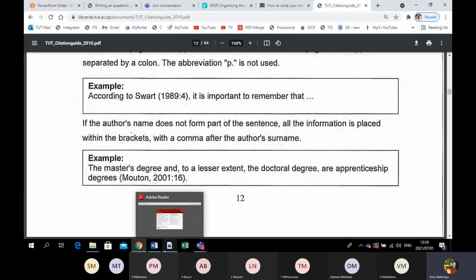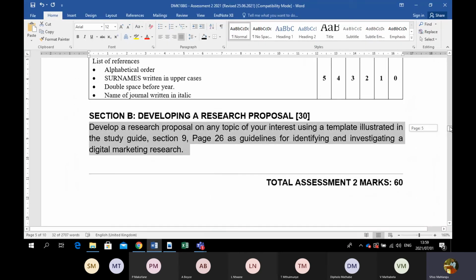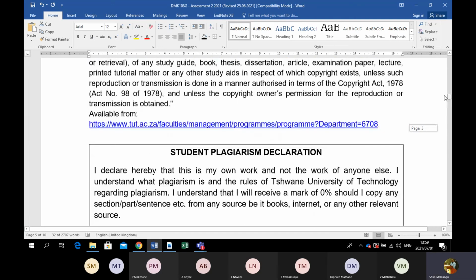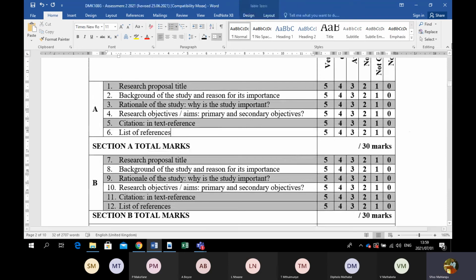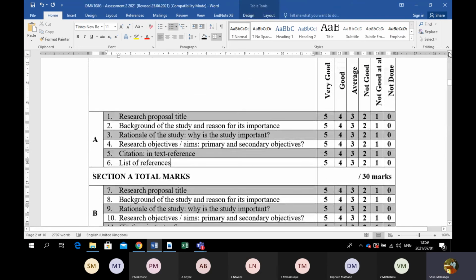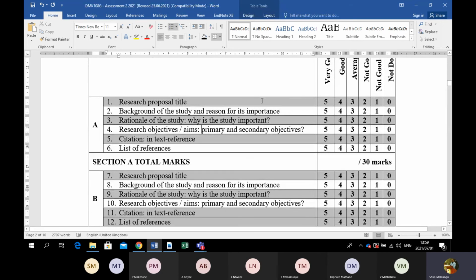If you look in terms of the assignment rubric, which is here, if you go up, this is the assignment rubric. The difference here is that in section A, you are reviewing an article. When I mark, I'm going to look at your review and your motivations, and I'm going to allocate your marks here.